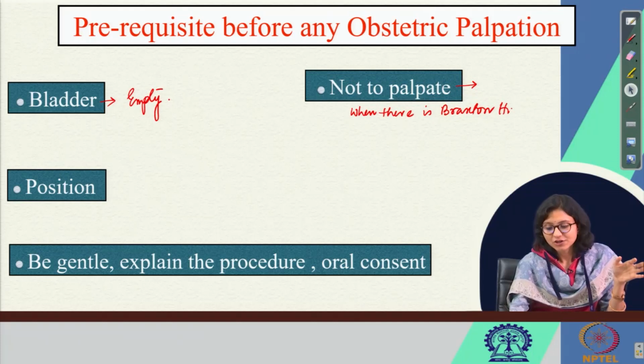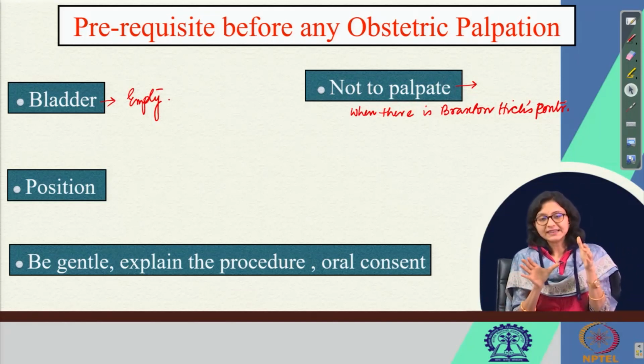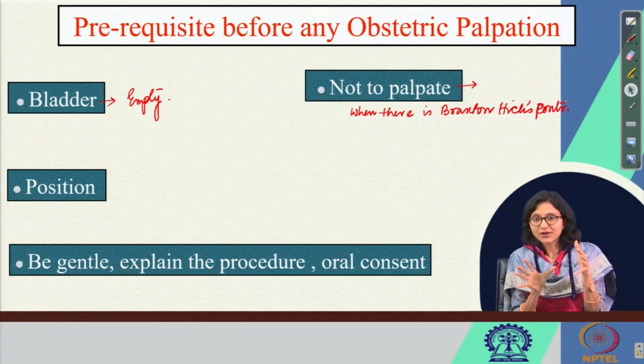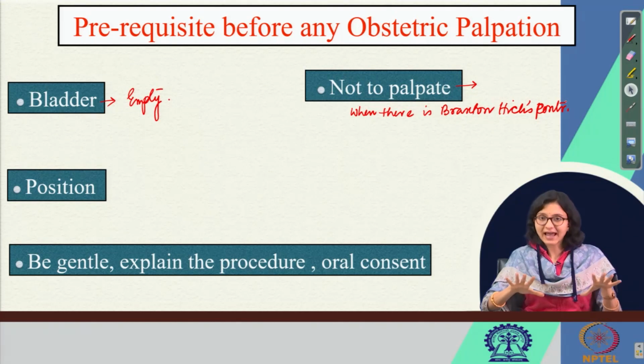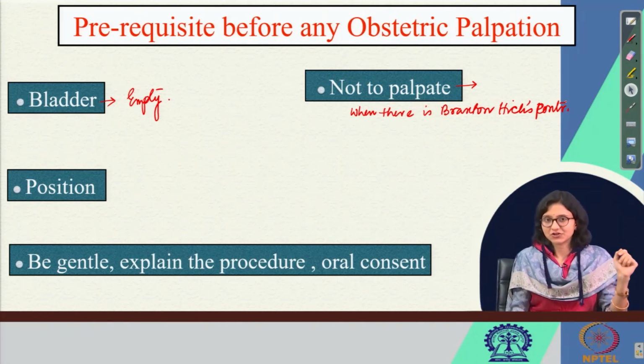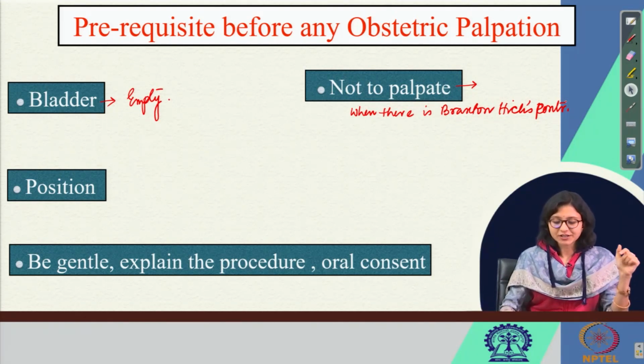So, say you are putting your hand on the mother's abdomen and you feel that the uterus is in a contracted state. That may be a case of Braxton Hicks contraction. So, you need to wait, and when this Braxton Hicks contraction goes away, the uterus is again relaxed, then you start your examination.